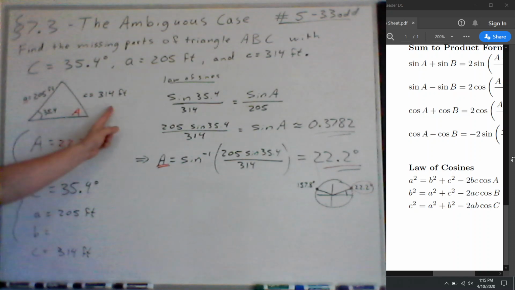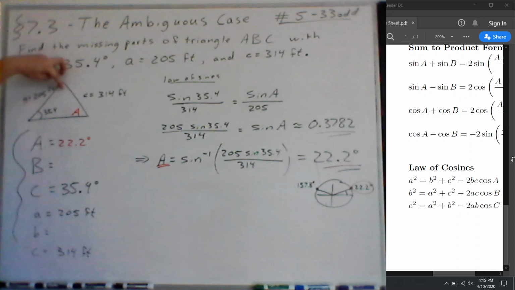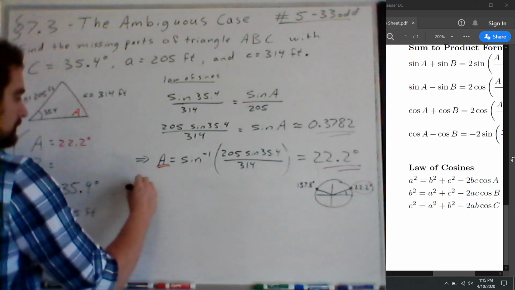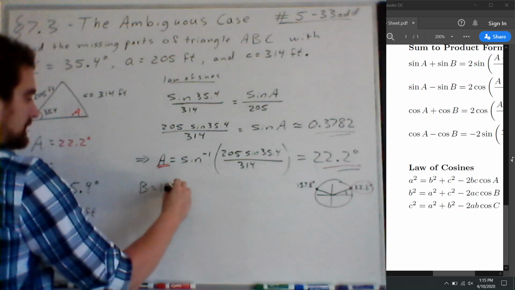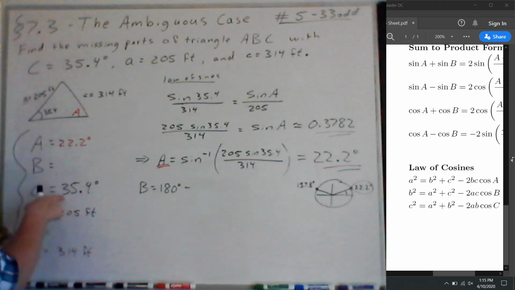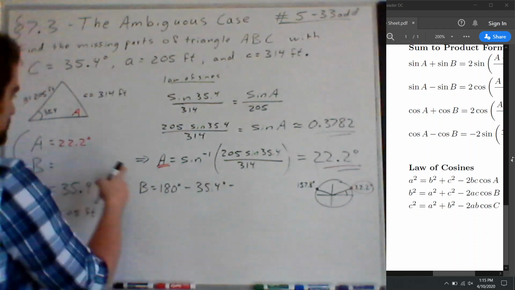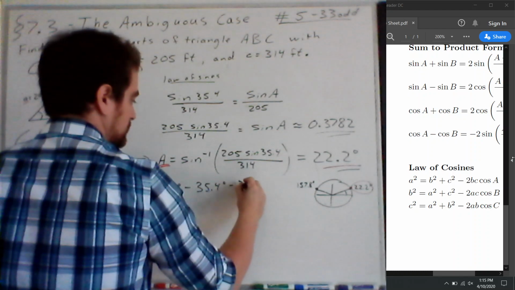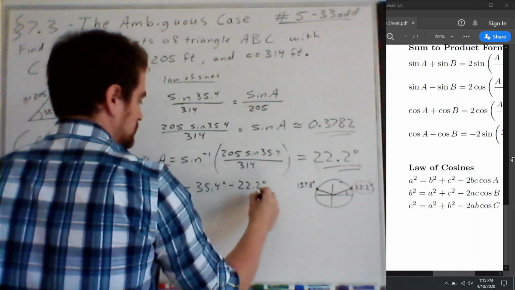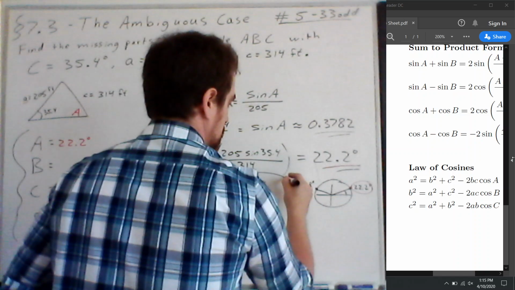So it's a pretty small angle, meaning angle B is going to have to be the biggest angle. Let's see if we can find B by doing 180 degrees minus the given 35.4 degrees minus the other angle we just found, A, which is 22.2 degrees.